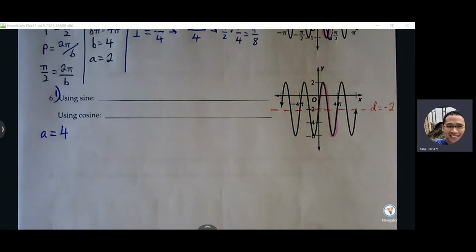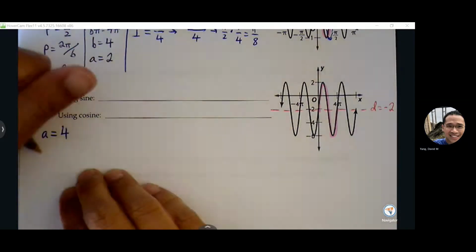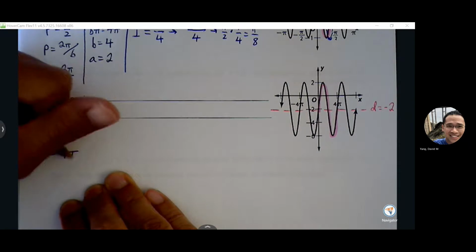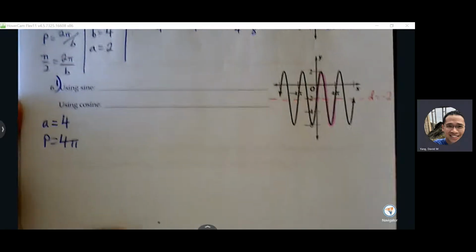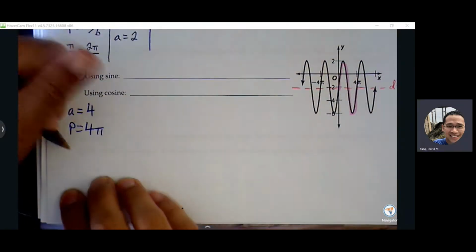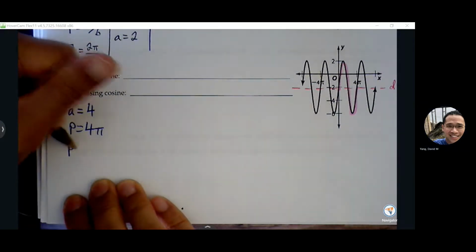How long does it take for this graph to complete one cycle? 4 pi, right? So here we see that one cycle is going to be completed in 4 pi. Now we're going to work our way back, try to figure out what the B value is.